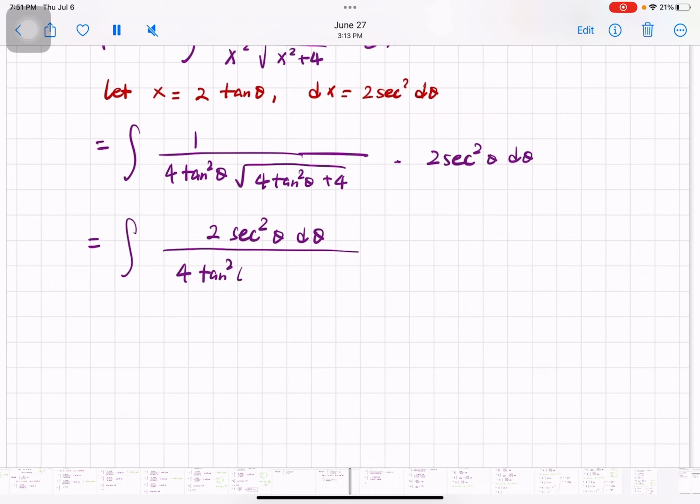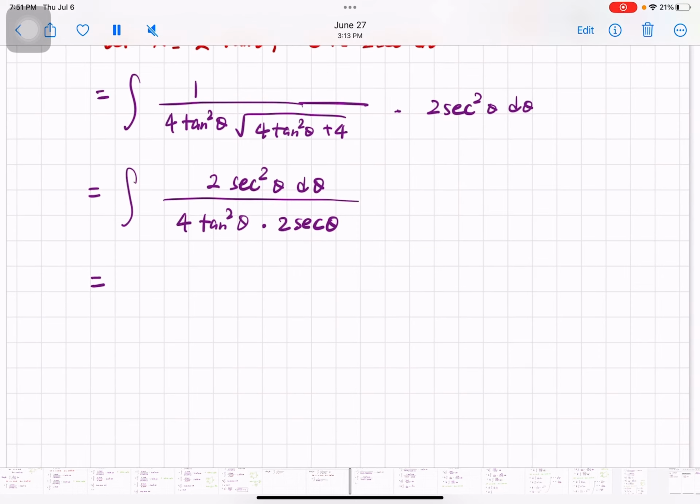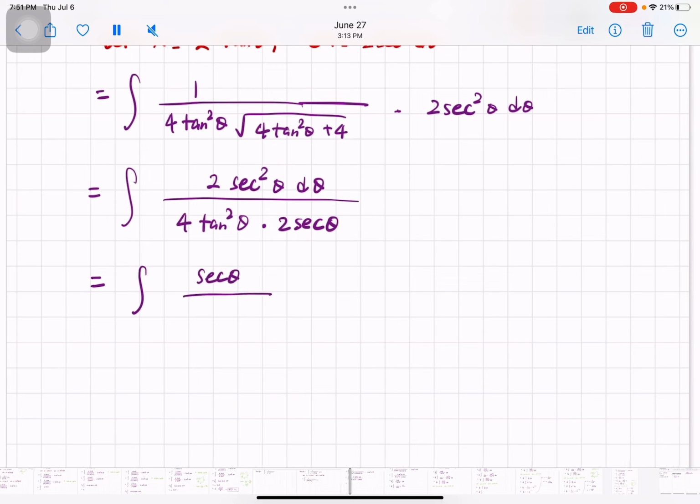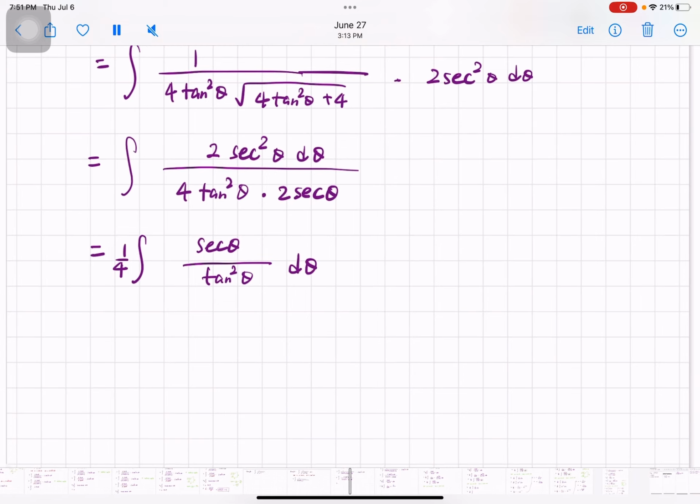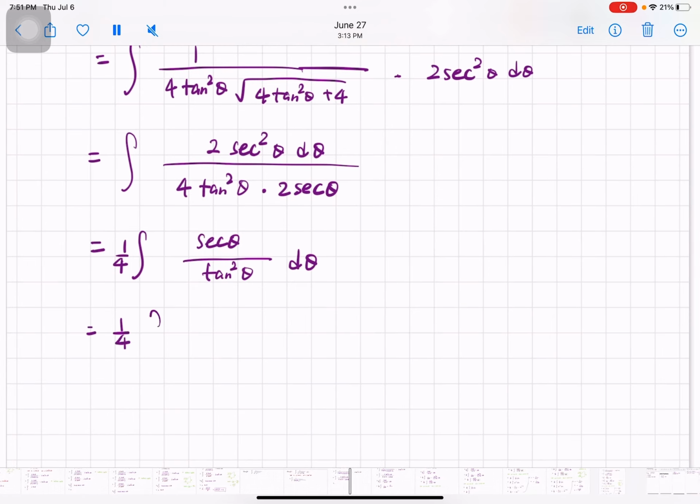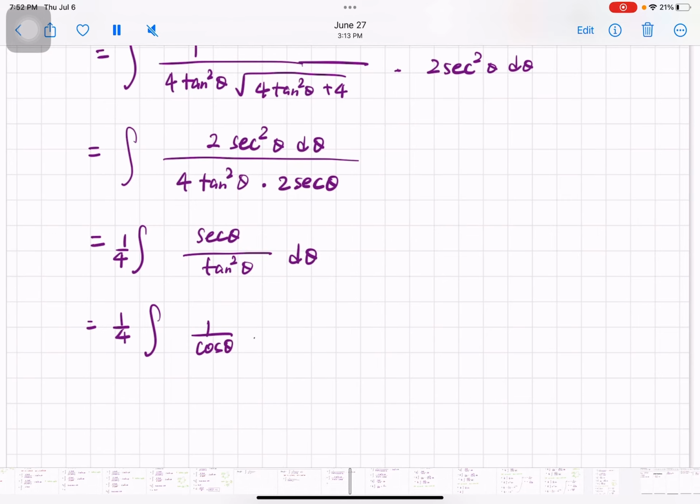The square root of 4 tangent squared theta plus 4 can be rewritten as 2 secant theta. And simplifying everything, we get secant theta over tangent squared theta. It is a little bit harder to work directly with secant and tangent, so we're going to rewrite everything in terms of sine and cosine.